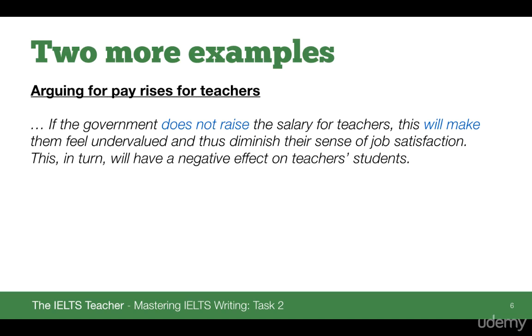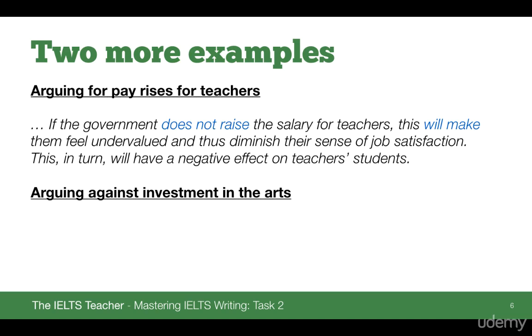Now let's look at a different one, arguing against investment in the arts. So in this paragraph, what we would have done is we would be supporting the idea that investment in the arts is bad. So we're looking at the negative result of investing in the arts.